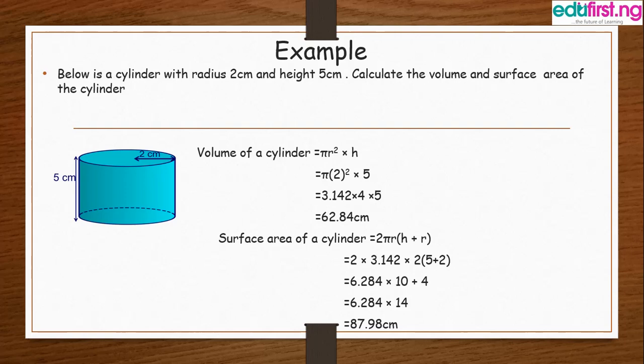If we expand this, we have 6.284 multiplied by 10 plus 4. So it gives us 6.284 multiplied by 14, and the final answer is 87.98 square centimeters.